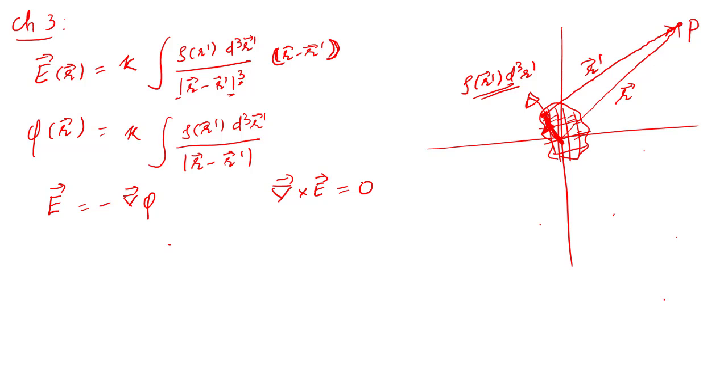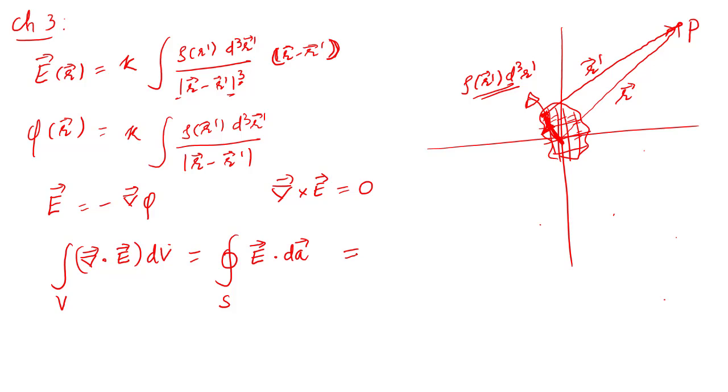Similarly, the fundamental definition of divergence is that the volume integral of divergence of E over volume dV is equal to the surface integral of E dot dA. So from this fundamental definition, we used Gauss's law, right?